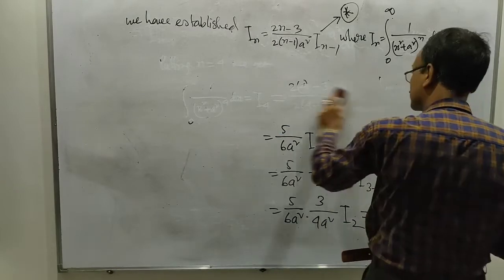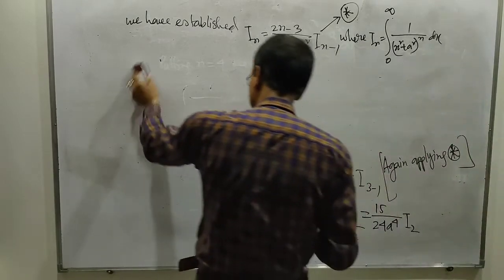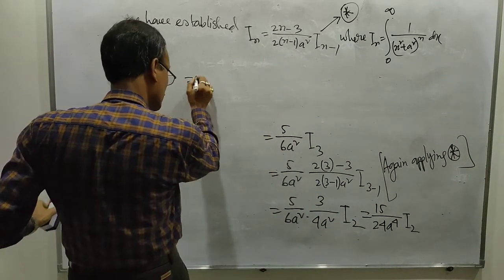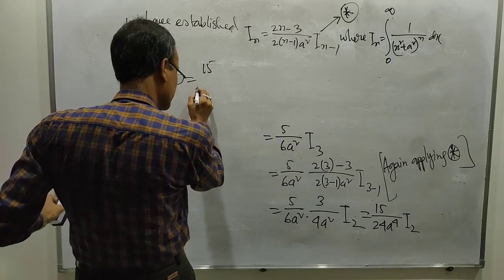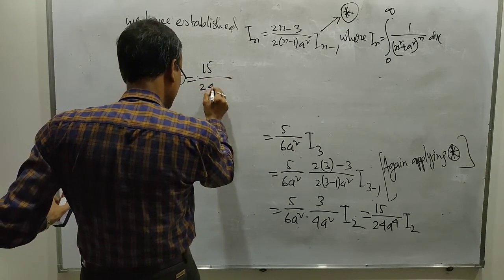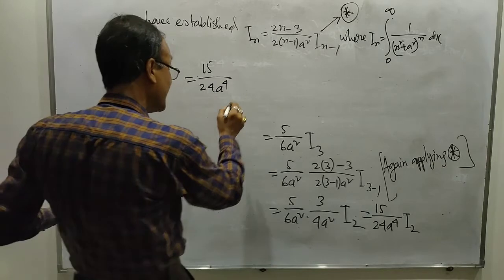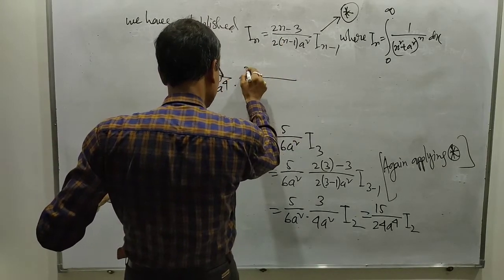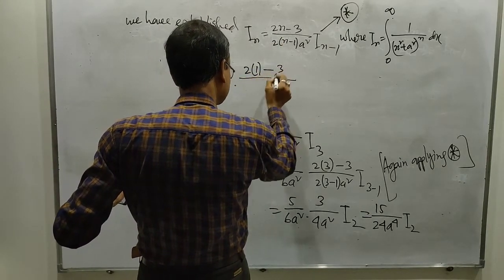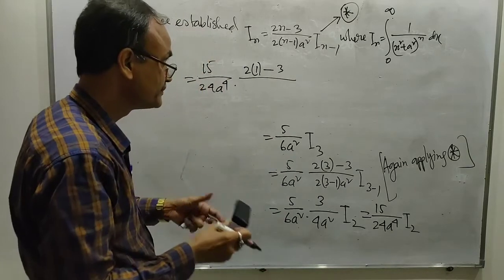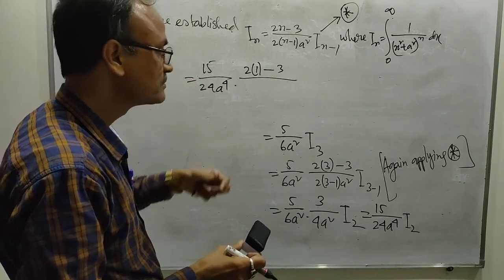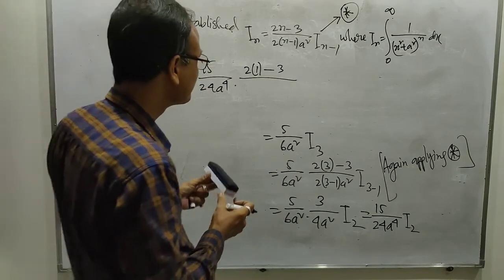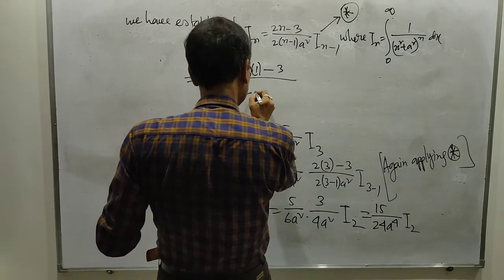Now again apply star. This is equal to 15 divided by 24 a to the power 4 I2, which means again applying this, 2 into 1 minus 3 I2.